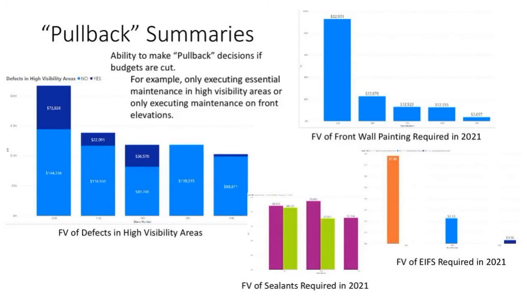So if those types of budget cuts were necessary, then this would be a way to do it. Similarly, facility managers may need to decide to cut or spend their remaining maintenance dollars on, say, the front elevation, or they may decide to just do sealants or EIFS repairs. So here are some graphs representing that, if that was the appropriate strategy.